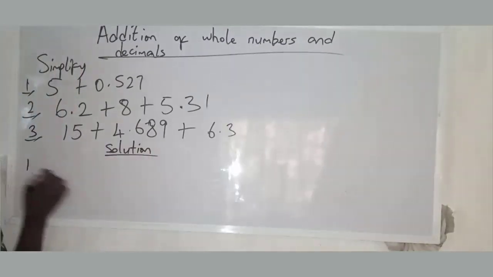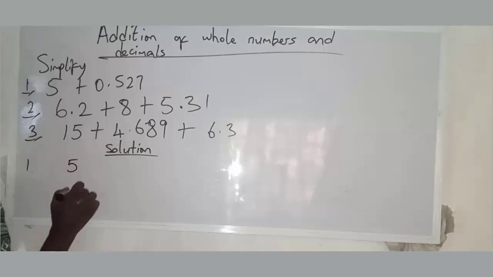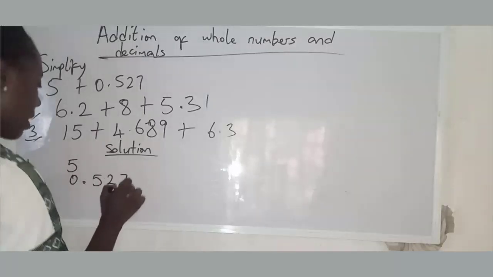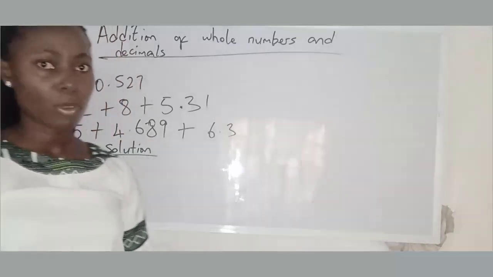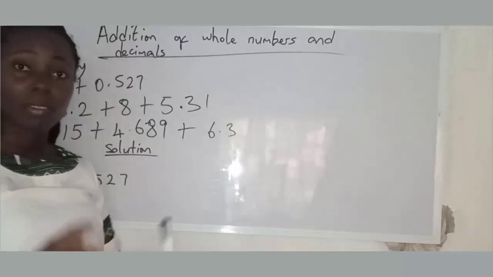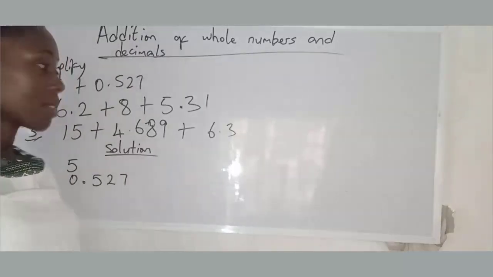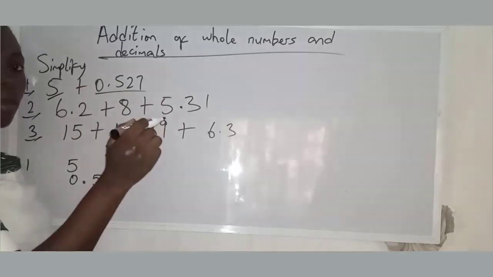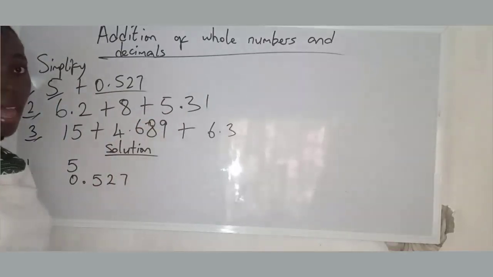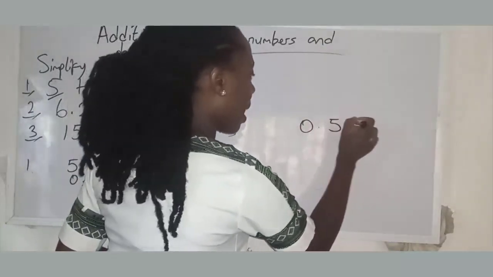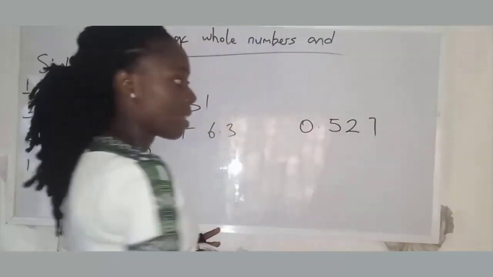Number 1, we have 5 plus 0.527. In our earlier videos, we talked about whole numbers. And in our last class, we talked about decimals. This is a whole number, and this is a decimal number. But it's easy to add them. Why? Because every whole number has a decimal part, or a fractional part.